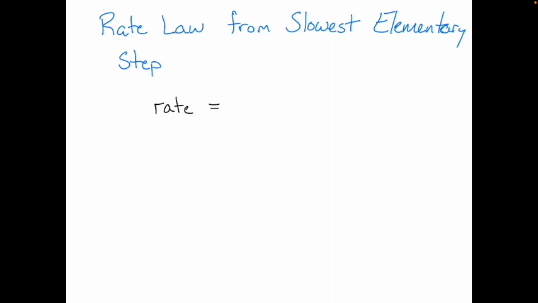Our rate is going to be equal to that rate constant k, always part of our rate law, times the product of the concentration of all your reactants in that slowest step, only in that slowest elementary step.